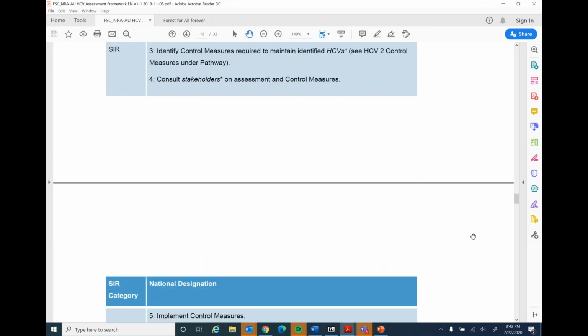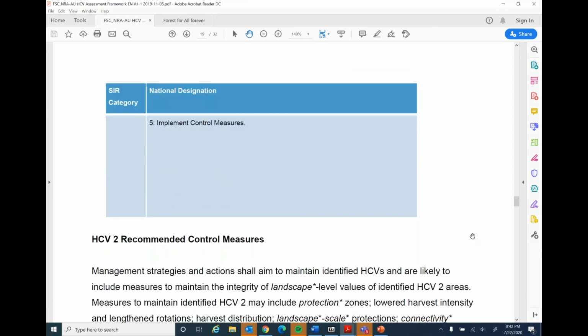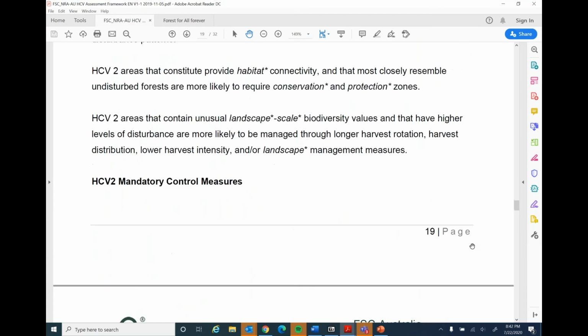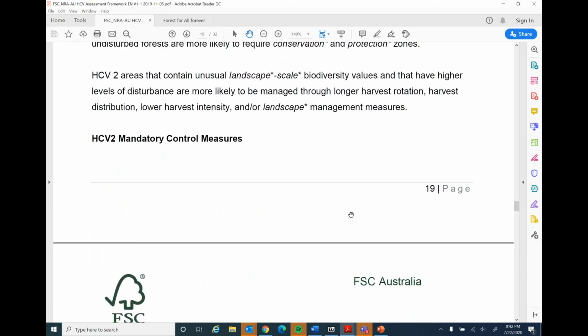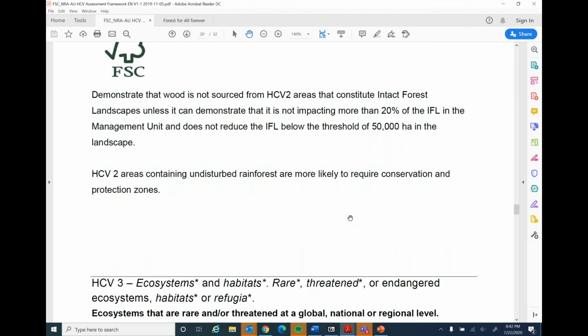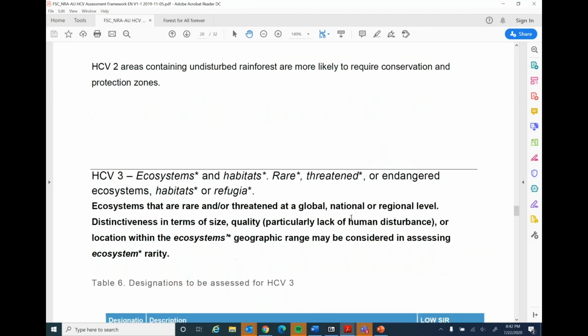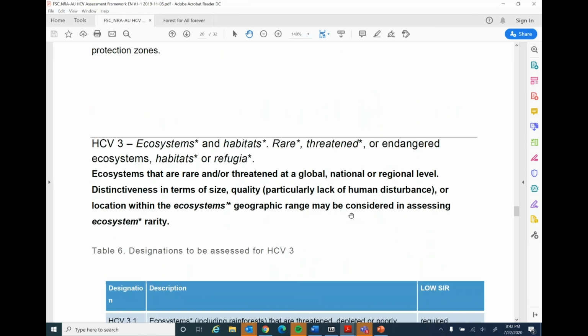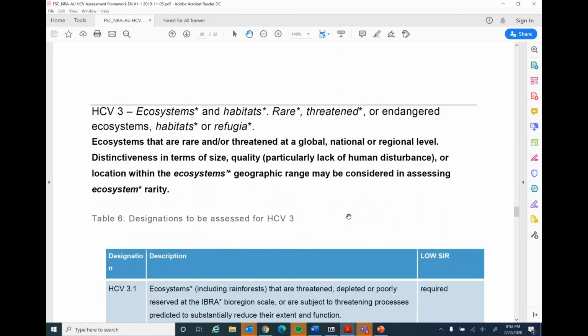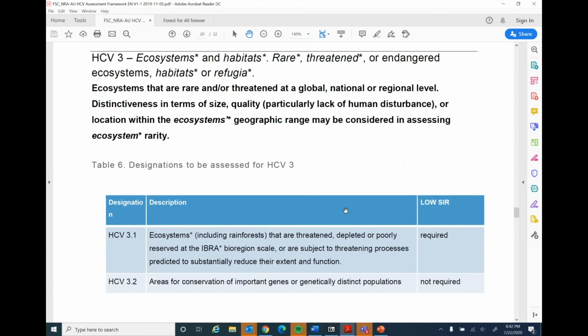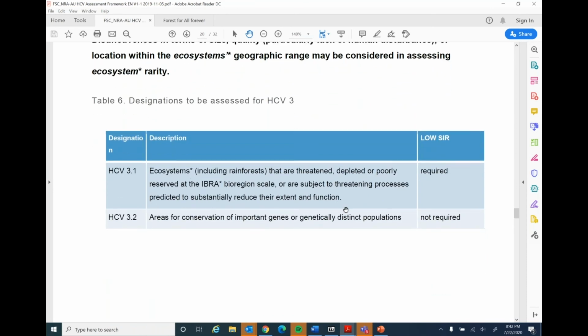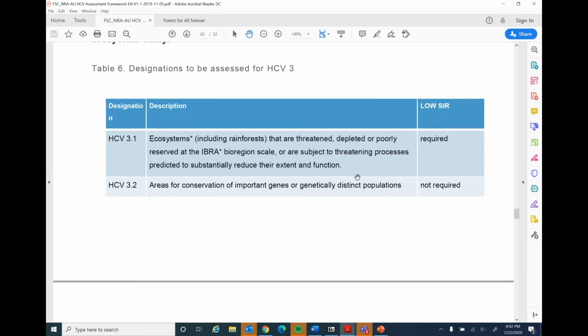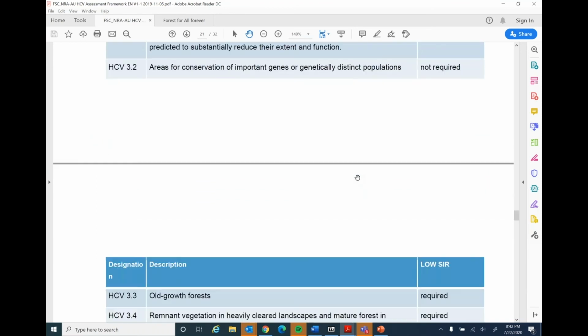So we've got high conservation value 2 here, and you can see there are mandatory control measures under this. But apart from that, it follows the exact same structure as the other high conservation value. So we have high conservation value 3 here, which has to do with ecosystems and habitats. And again, the structure repeats: you have the designations for low SIR, some are required, some aren't.